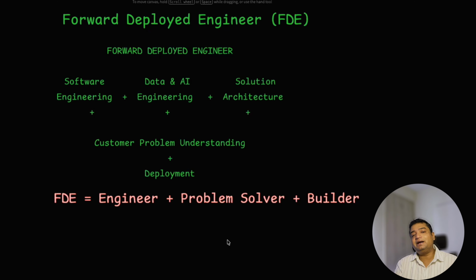Now if a person is an architect in any organization, in the traditional way the person would be working on the proposal, POV, creating the architecture flow, and then giving it to the team to implement.